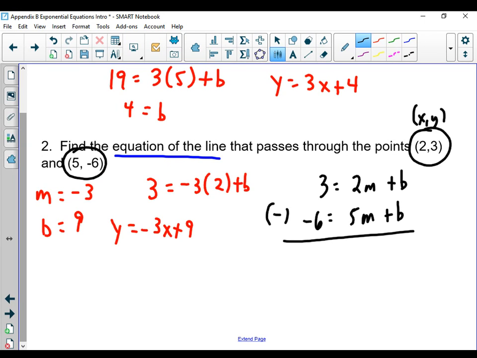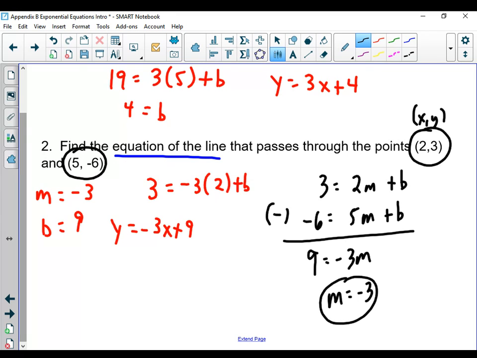Well, I'd have 3 minus negative 6. I'd have 2m minus 5m. I'd have b minus b, which would cancel. So if I divide by 3, I get negative 3. So I've got my slope. What do we usually do next? Plug that in.